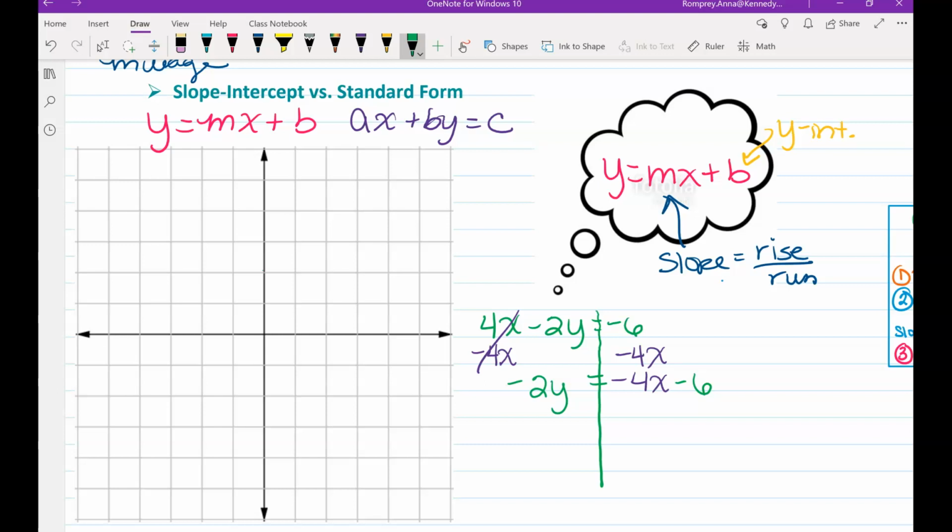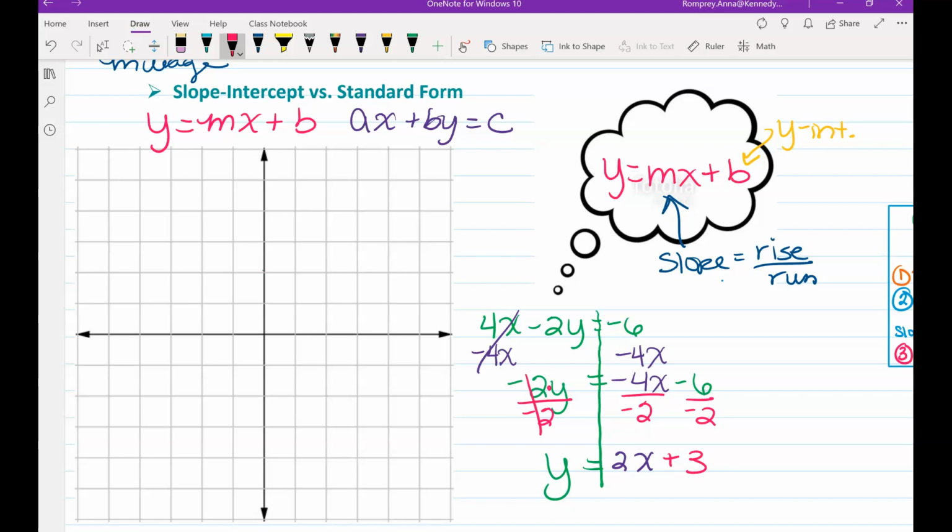Okay, so -2y, or -2 times y, so I'm going to divide by -2. So I need to divide all of my terms by -2. So y equals, so -4 divided by -2, that goes in evenly, so I end up with a positive 2x, and then -6 divided by -2 plus 3.